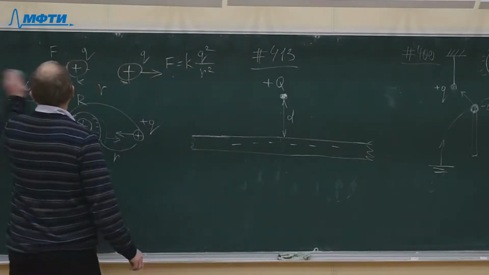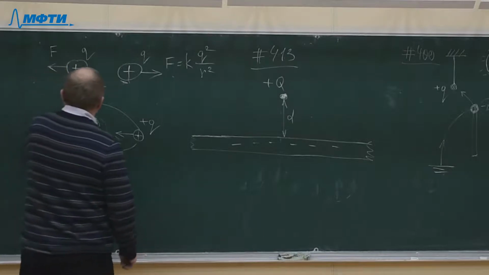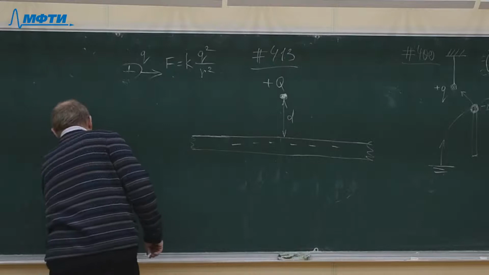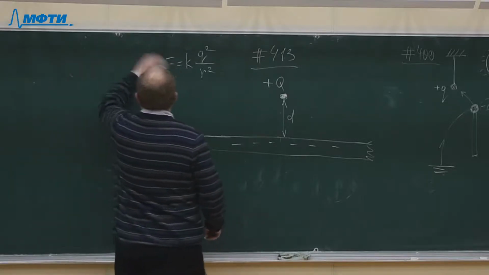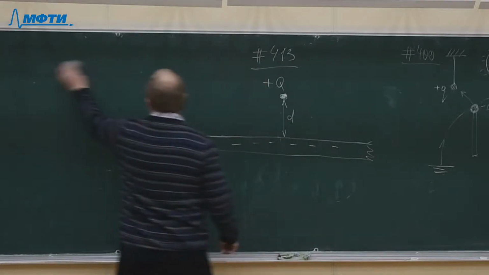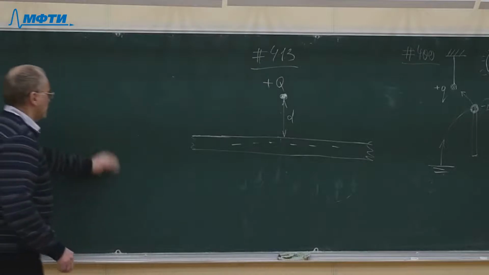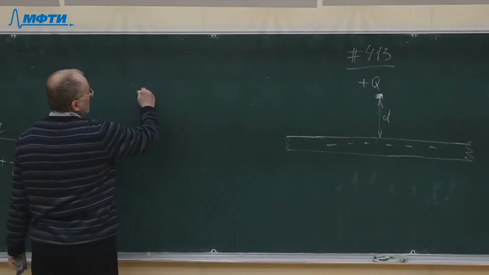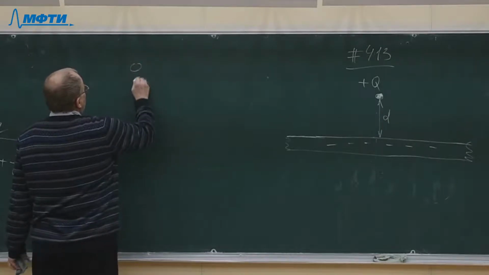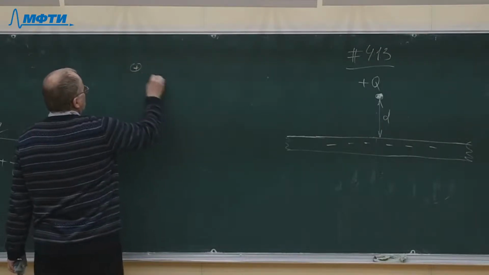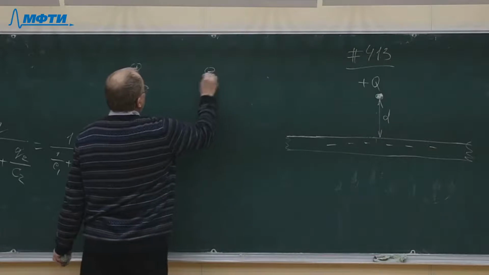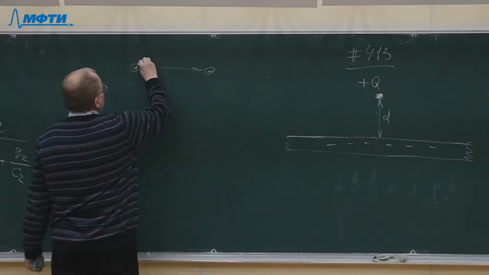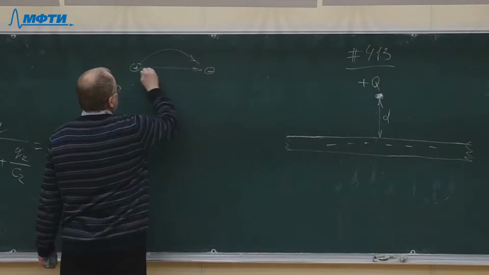In order to figure out how to solve this problem, I will remind you about the field lines which exist between two unlike charges. If we take a positive point charge and a negative point charge, then the field lines will be as we have discussed last time.